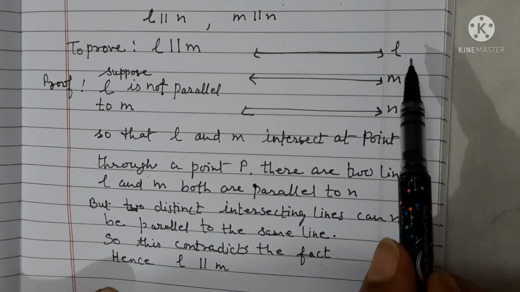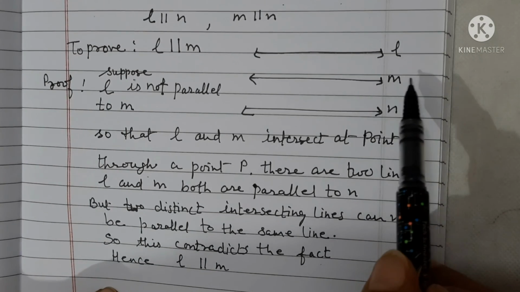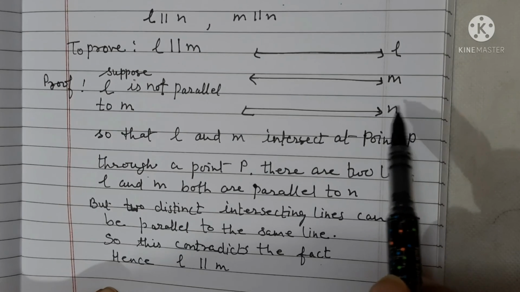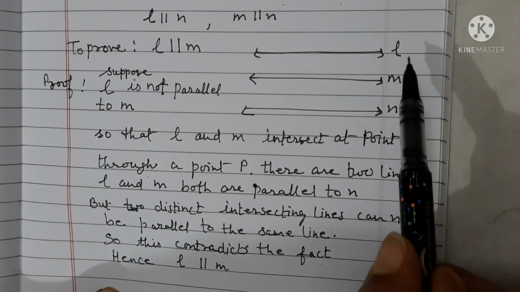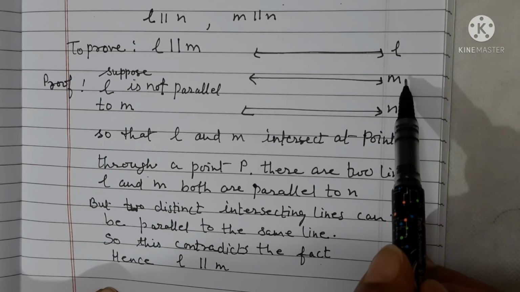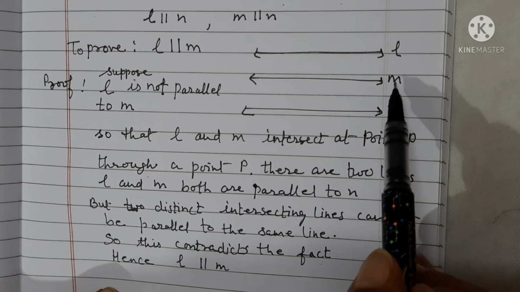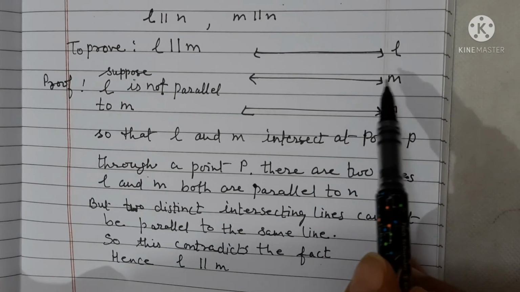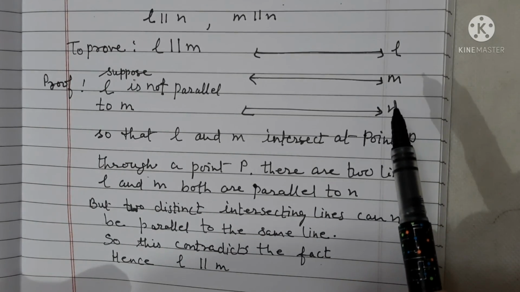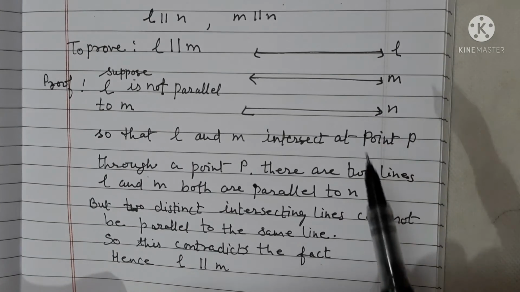L and M are parallel to the same thing, N, so the things are equal to one another. So L is parallel to M. According to Euclid's first axiom, we can prove it also.